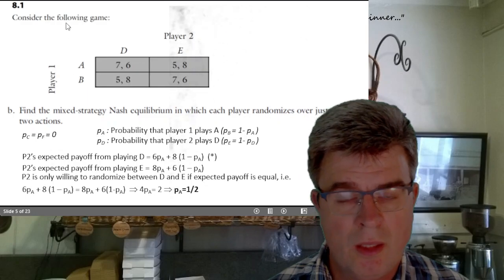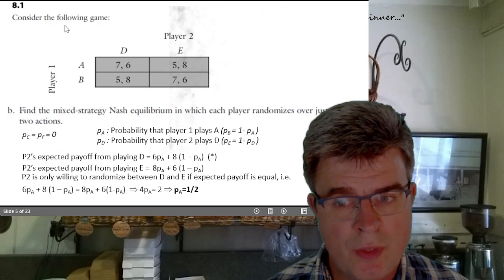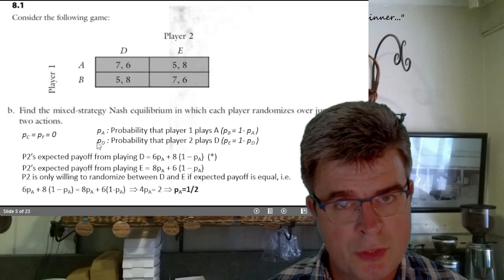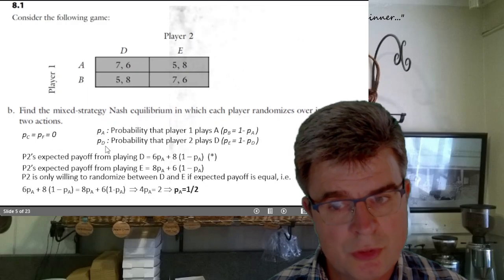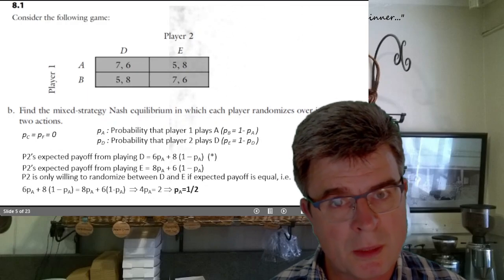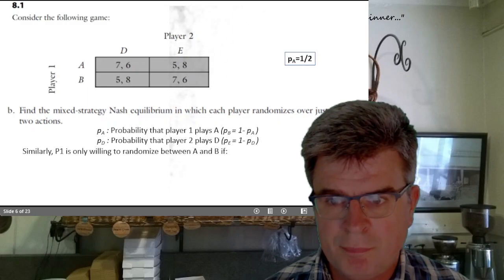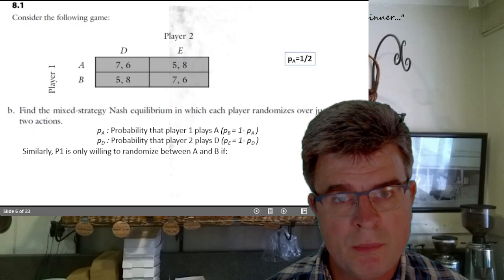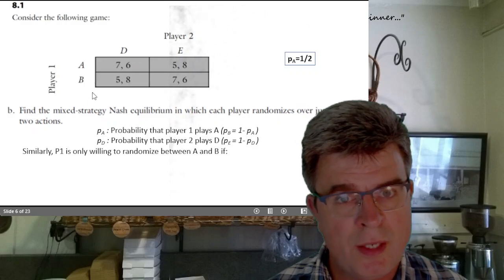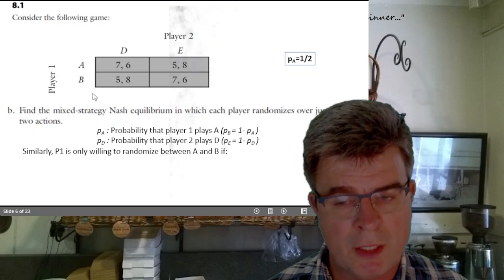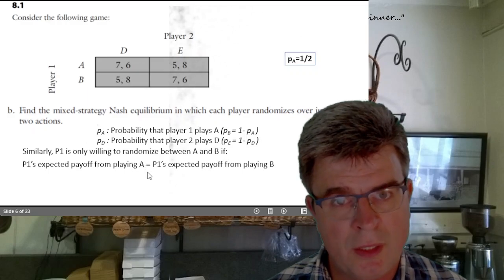Now we're halfway, and in order to find the probability PD, with which player 2 mixes between D and E, we use the same procedure, but now we look at the expected payoff of player 1. Player 1 will only be willing to randomize between actions A and B in equilibrium if they deliver him or her the same expected payoff. So this is the equation that needs to hold in equilibrium.